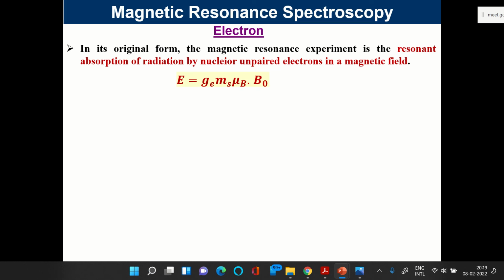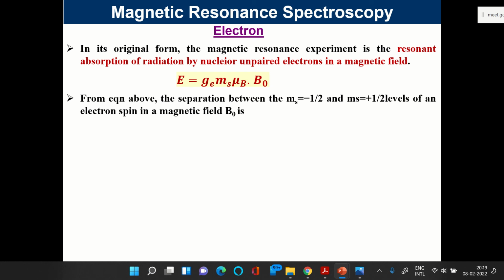So that's why for electrons you have resonant absorption in unpaired electrons, unpaired electrons in the magnetic field.